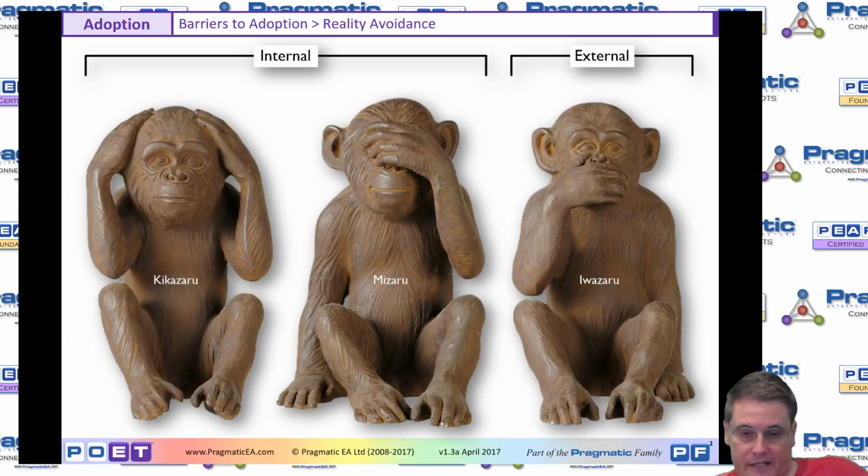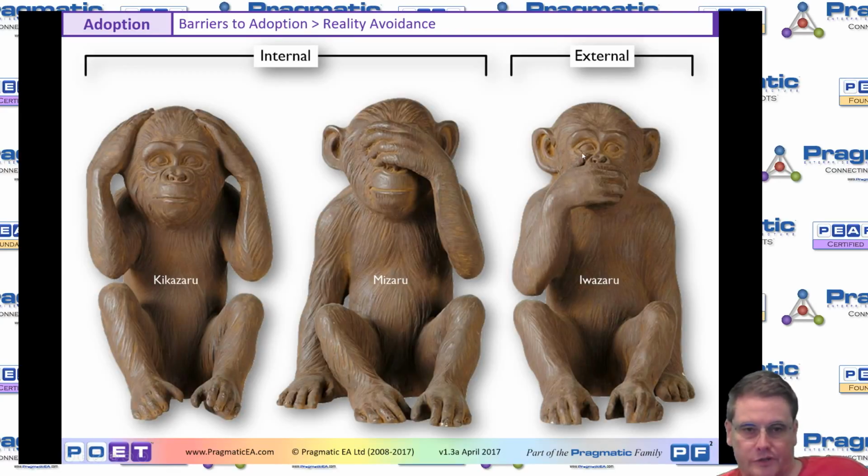Probably because enterprise architecture exposes things that people don't want exposed. It exposes problems, so we can fix these fundamental problems. It breaks down silos. People don't want silos being broken down. So potentially, internally, the company wants to avoid reality because it's too painful.